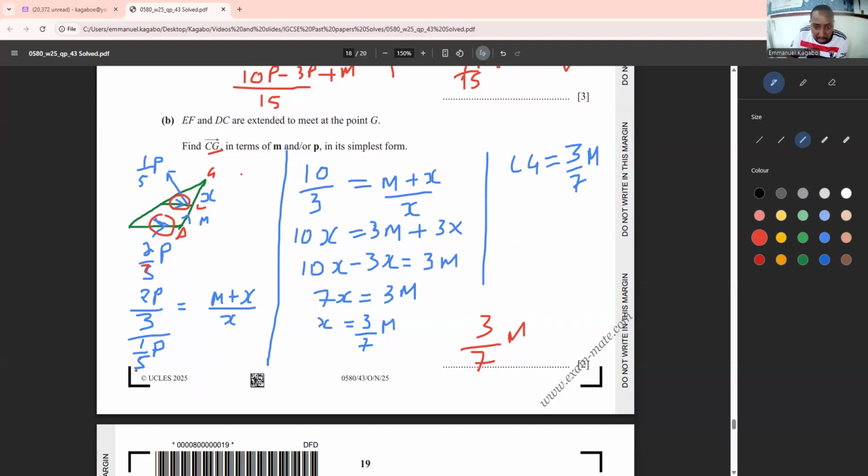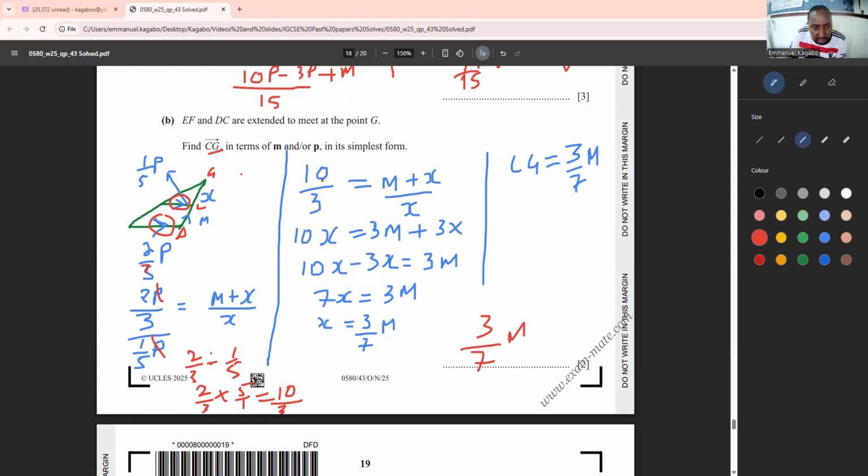Now, simplifying here, we need to do simple simplification. This one we basically simplify with that, and then I will remain with 2 over 3 divided by 1 over 5, which will be 2 over 3 times 5 over 1, and that gives me 10 over 3.